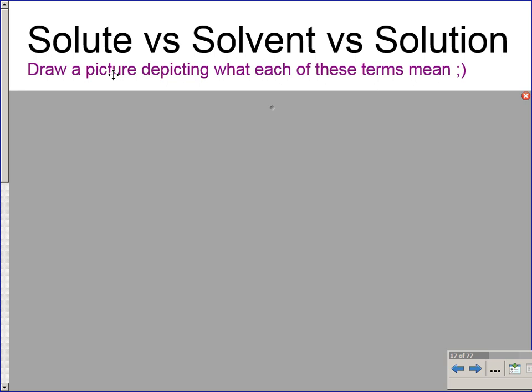I'm literally giving you 1 minute right now, and I want to make sure you're trying to draw the solvent solution interaction, because that's probably one of the not really tricky things. It's just making sure that you understand what each of those terms mean.